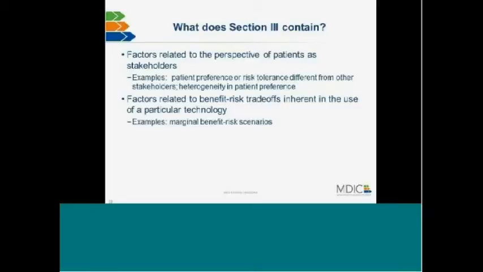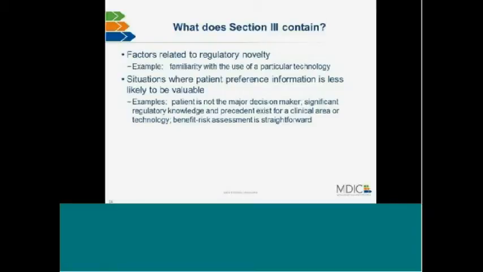Another challenging benefit-risk situation can be with an unmet medical need, if there's a benefit but a high risk, and you might need patient preference information to show that a certain subset of the population would accept the risk so that the product could be approved.